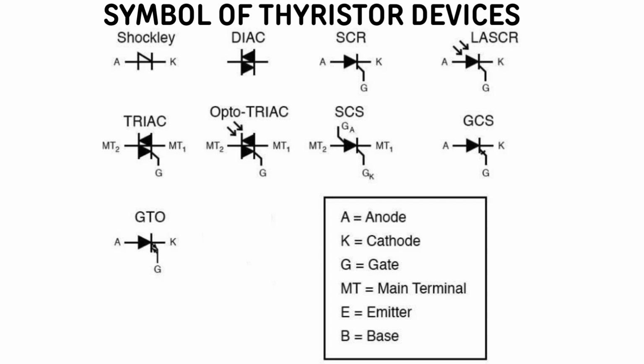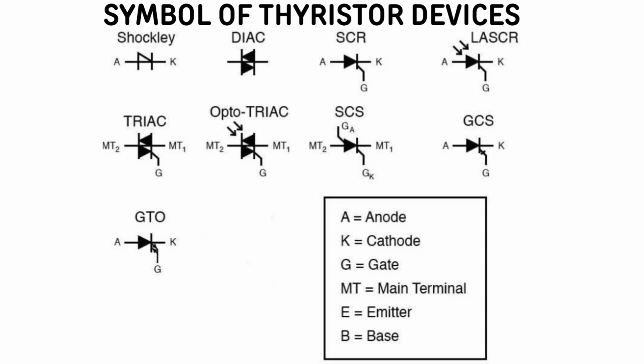LASCR means light activated silicon controlled rectifier. Triac means two SCRs connected back to back, whereas diac means two diodes connected back to back. GTO means gate turn off thyristor or gate turn off SCR.